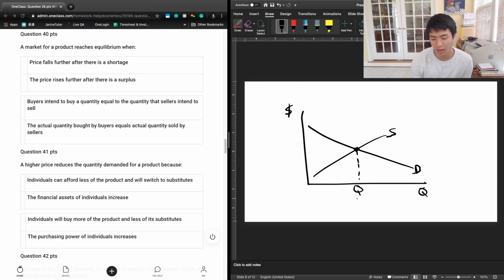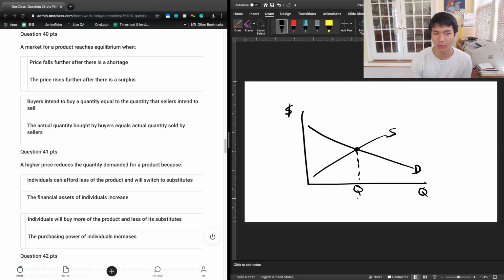And so the distinction between these two is that the market for a product reaching equilibrium is a snapshot point in time. It does not represent a cumulative amount being bought or sold. And so when a market reaches equilibrium, it is saying that this is the intended quantity bought and sold tracked by the supply and demand curve.